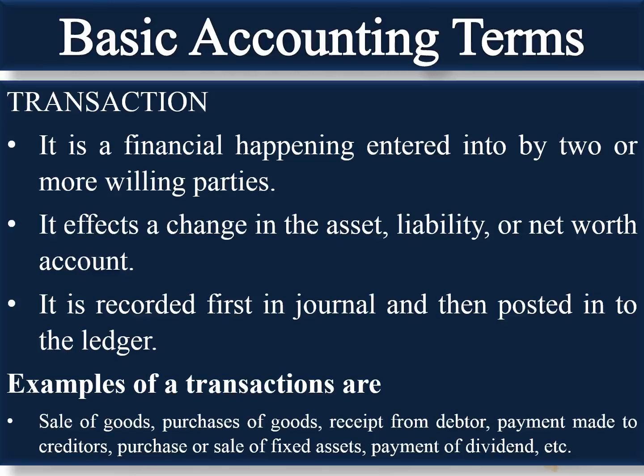So there is a change in the asset of the firm. It is recorded first in journal and then posted into the ledger account. Examples of transactions are sale of goods, purchase of goods, receipts from debtor, payment made to creditor, purchase or sale of fixed asset, payment of dividend, etc.